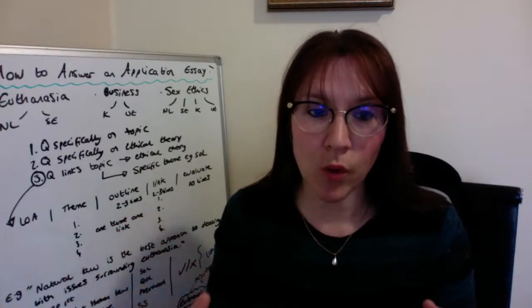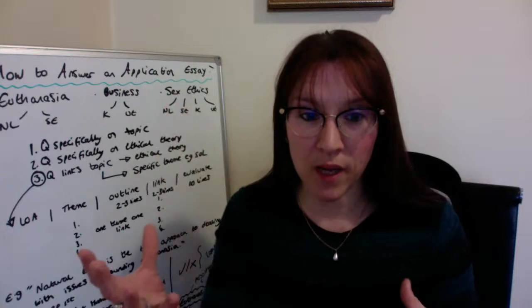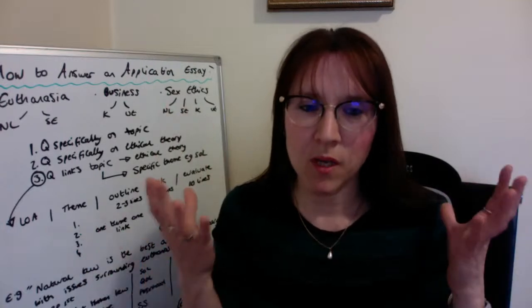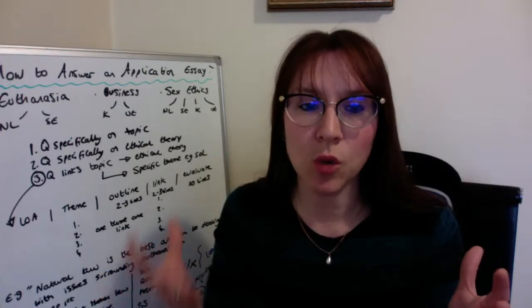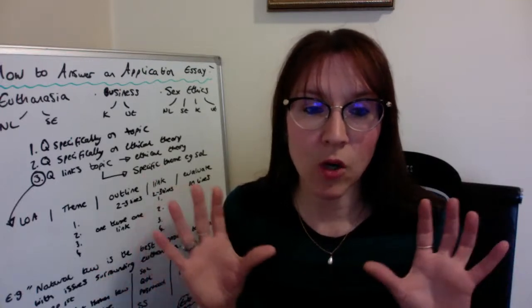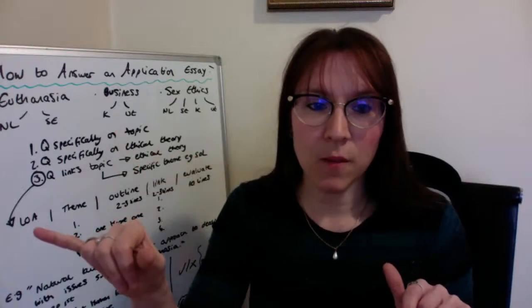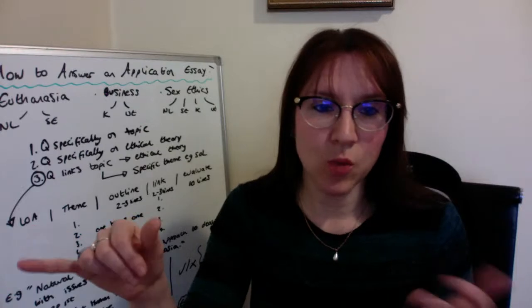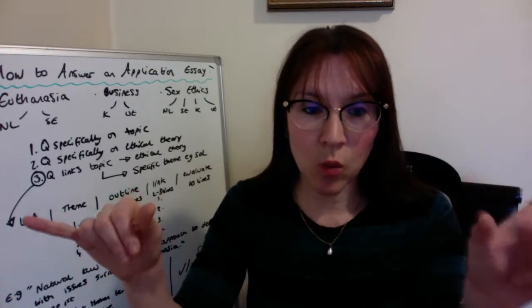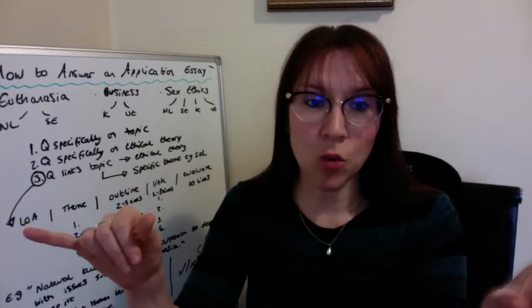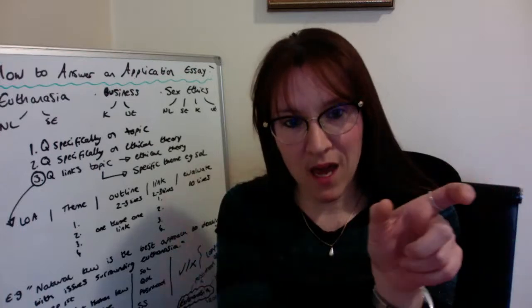The third, and the one that we're going to focus on in today's session, is when you link a topic with a theory, because that's when it starts to get a little bit more tricky. And so when it comes to a topic with a theory, it can go in two different ways. So you could get a topic like Kant, natural law, situation ethics, whatever it might be, and you might get it specifically to an ethical theory, so euthanasia, sex, or specific within that area.